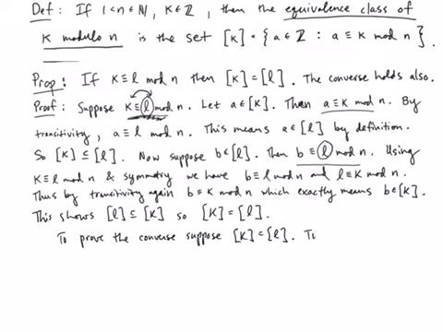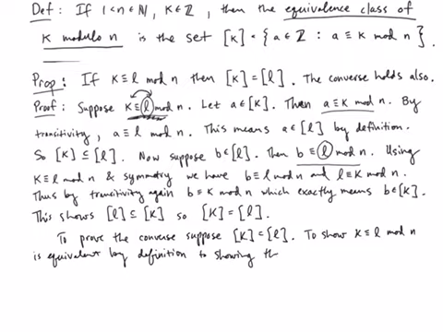To show k is equivalent to l mod n is equivalent, by definition, to showing that k is in the equivalence class of l.